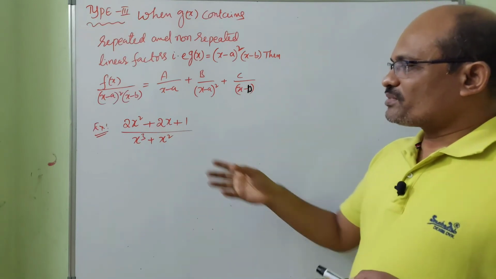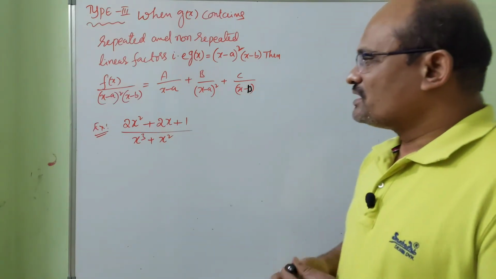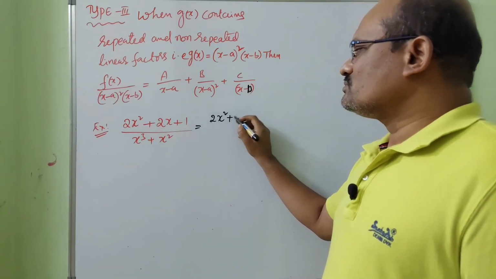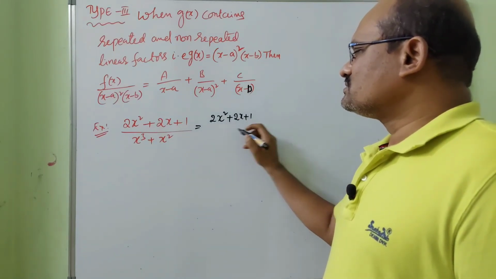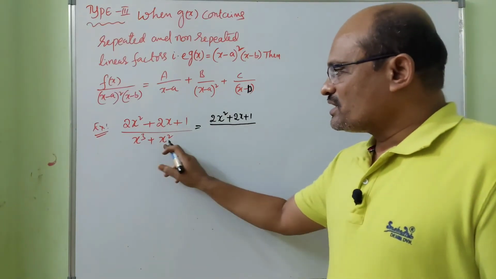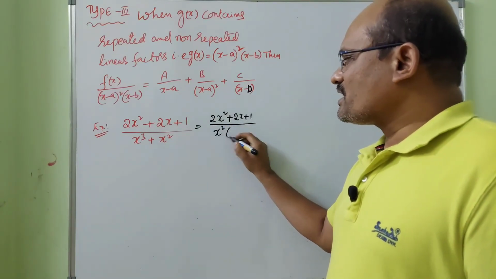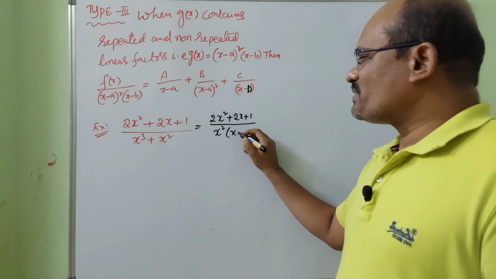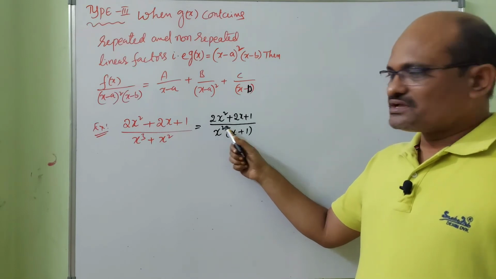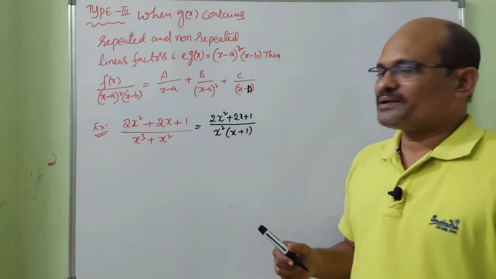Now I am going to do a problem. Observe carefully. Here the degree of the numerator is 2 and the denominator is 3, so it is a proper fraction. In the denominator, take x square common, and you will get x plus 1. Here x is repeating 2 times and x plus 1 is only 1 time.